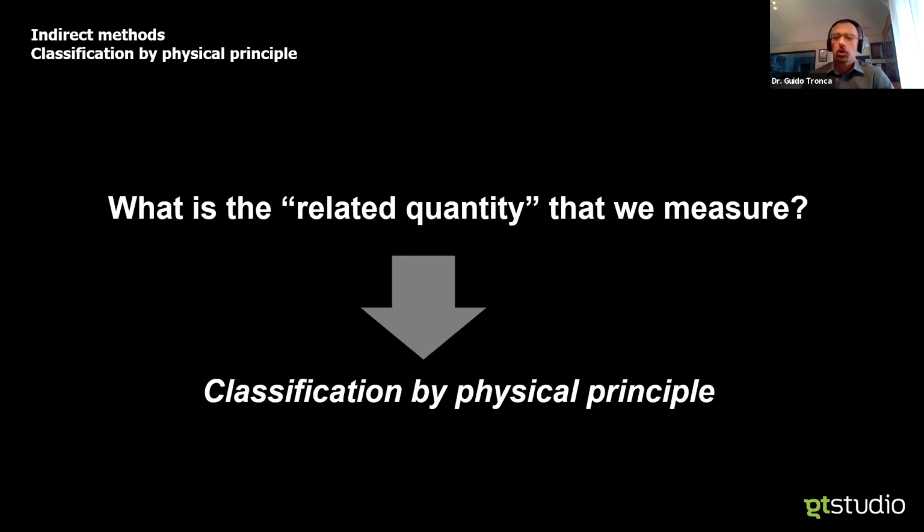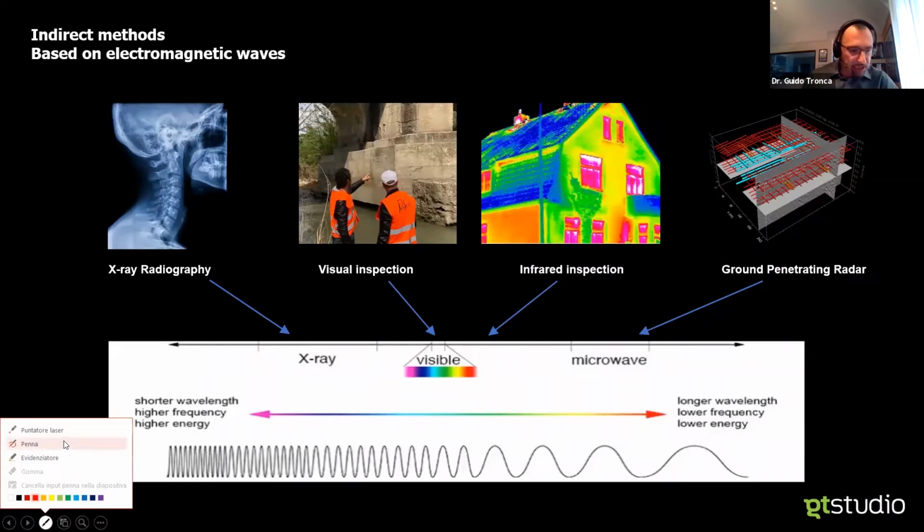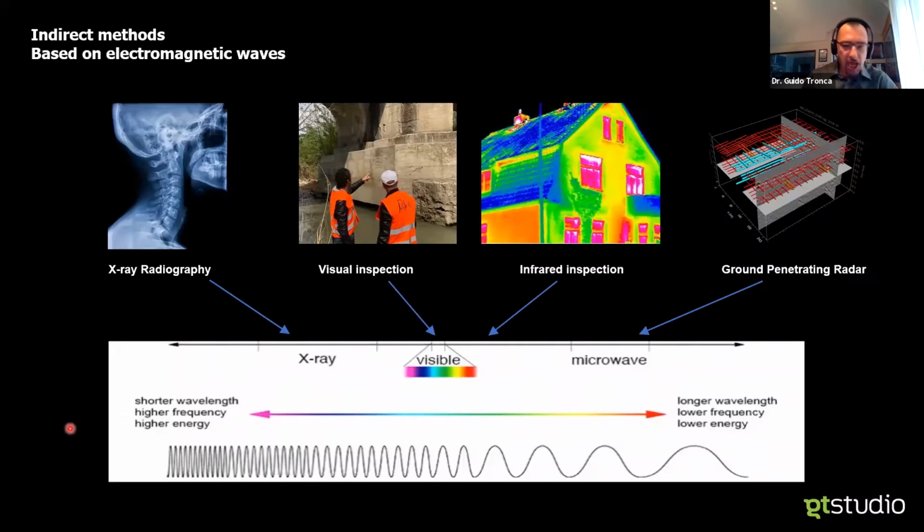So as a short classification by physical principle, I just prepared a couple of qualitative slides. Electromagnetic waves analysis, that's a very technical term, but it collects a number of different measurements. Among which, now let me get my pointer, the first and most important is inspection.